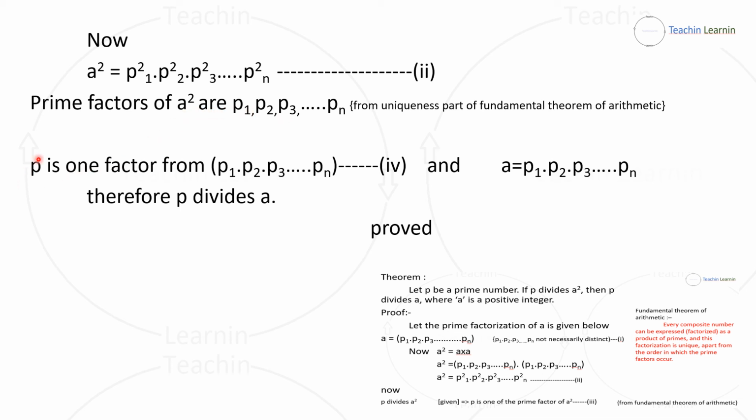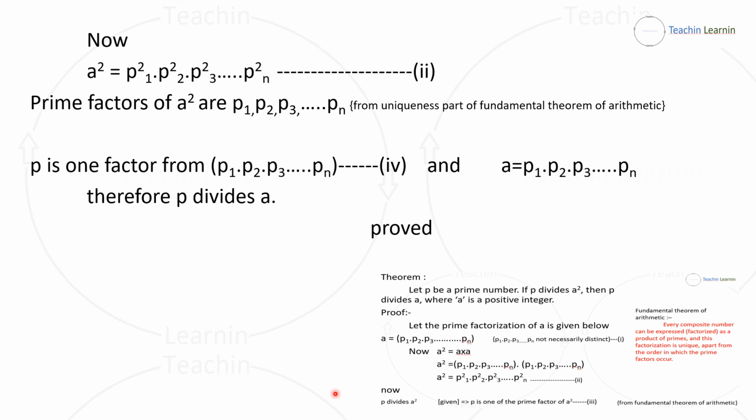So we can easily say that P is one prime factor from P1, P2, P3 up to Pn. It can be anyone. P can be P1, P can be P2, P can be P3, and P can be Pn also. I don't know which one from this list is P. P can be anyone. So P is one factor from P1, P2, P3 up to Pn.